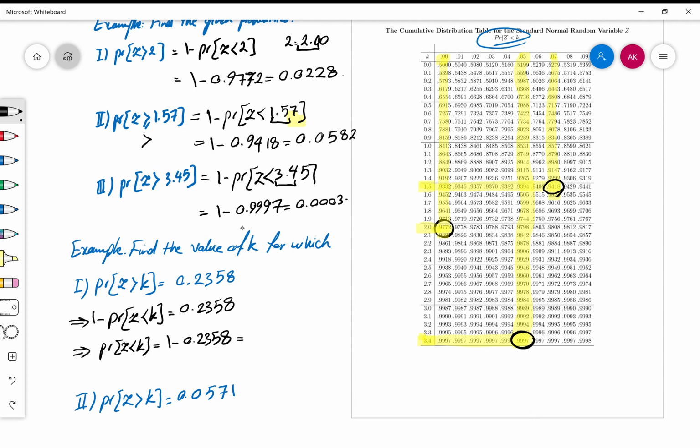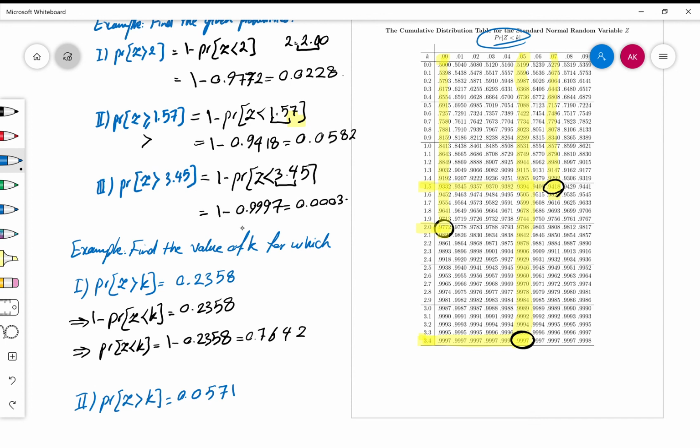And what is this number? 0.7642. So now we are looking for k for which the probability of Z less than k is 0.7642.